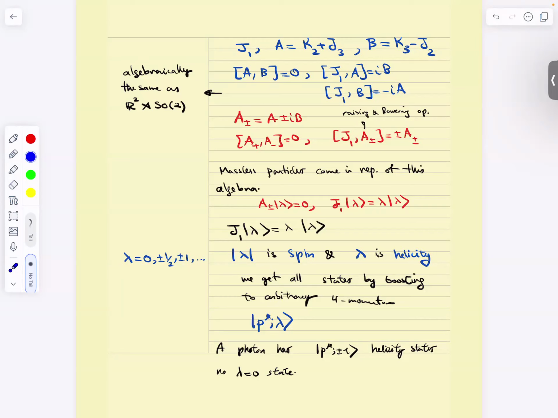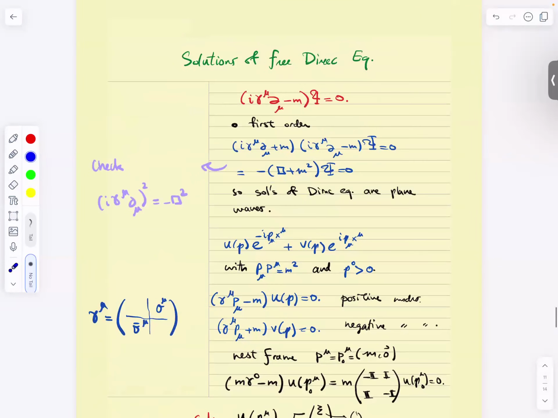The example that we will be working with in this whole course is always going to be spin 1, the photon, and we'll explain why lambda equals 0 is not there. Spin 2 would be the graviton, which also has a bunch of these lambdas removed. But hopefully it's clear that if I'm describing to you a ket of a graviton, I should tell you what the helicity is.